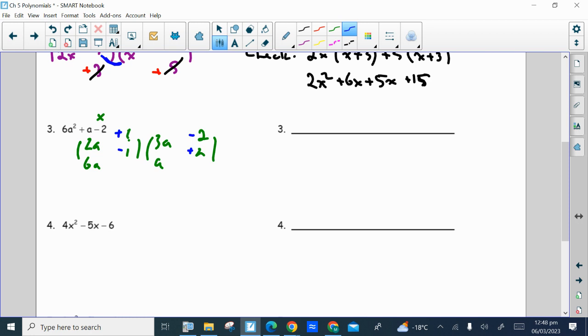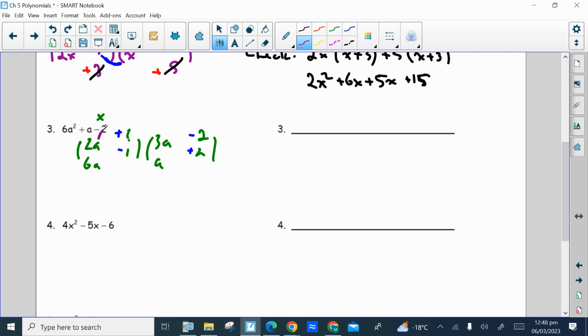Again, they have to have different signs because they multiply to get a -2, which means one of them has to be positive, one of them has to be negative. So we're going to see if we can make this work, and if we can't, then we'll go to the 6a in the first term and a in the second term as a possibility. But we'll check this one first. So if we check the first one where it's a +1 in the first bracket and a -2 in the second.